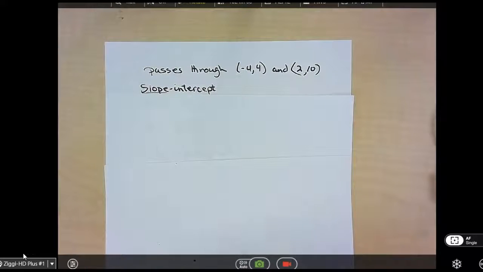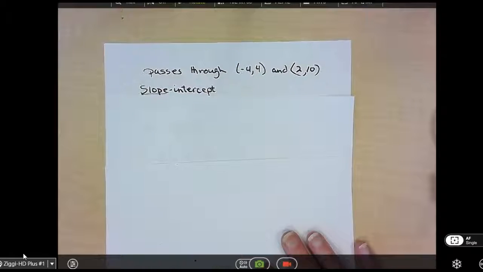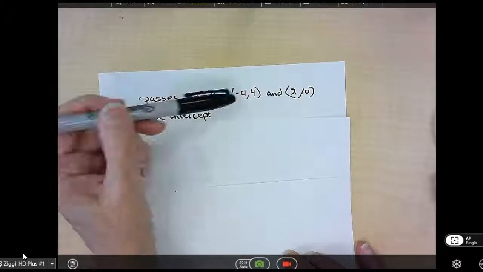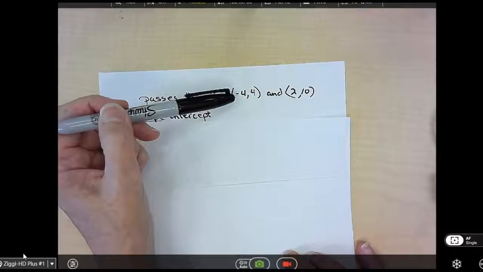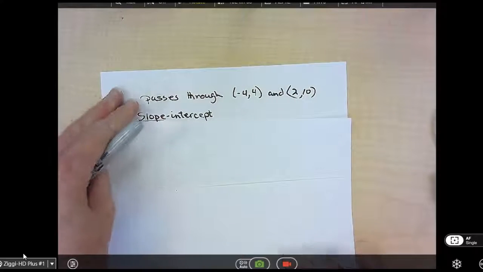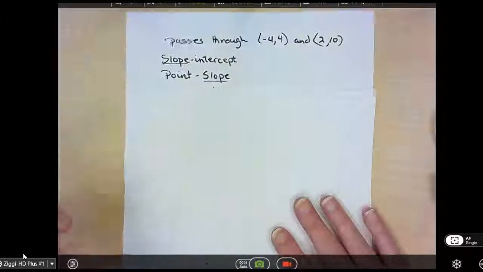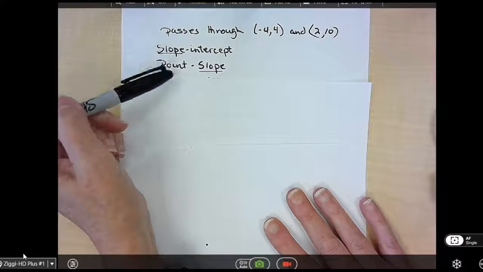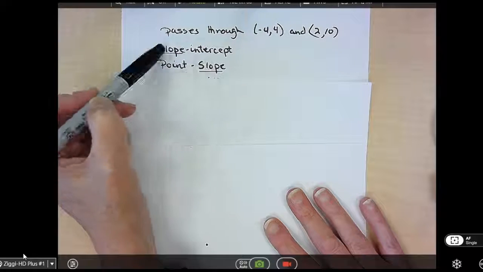So sometimes they give us a problem and they say they want the line that passes through two different points. So negative 4, 4 and 2, 10. Well, if I look at just the names of the two types of equations, we had slope-intercept, point-slope. Both of them talk about slope.